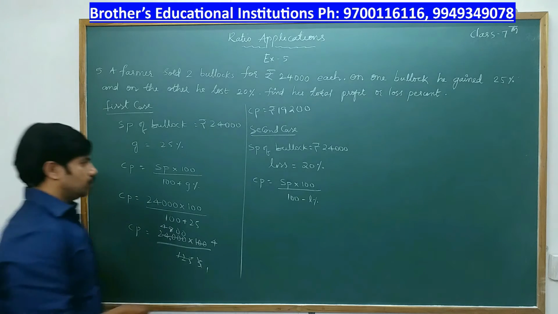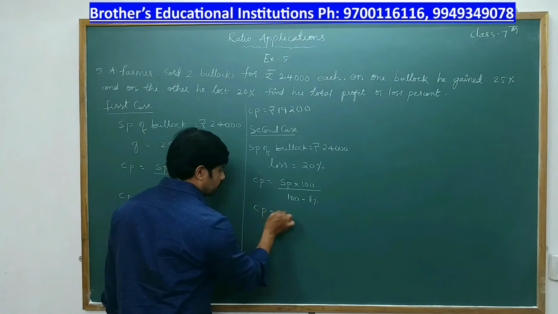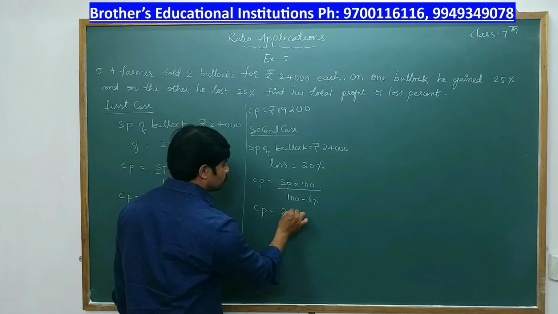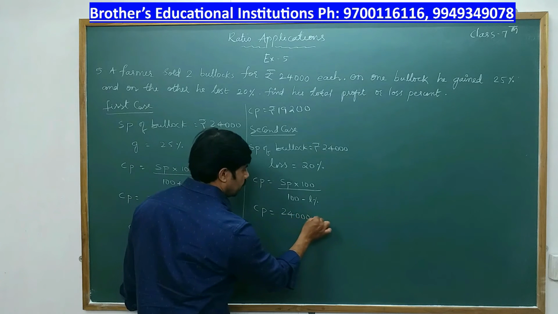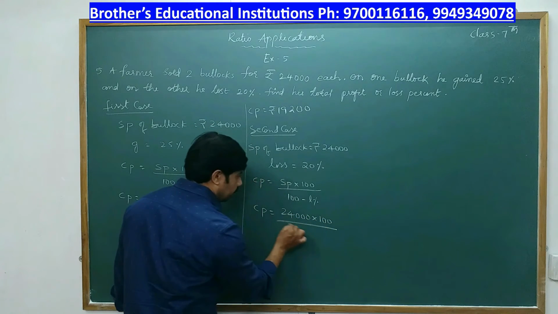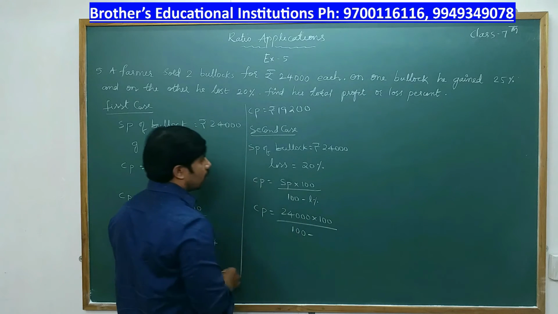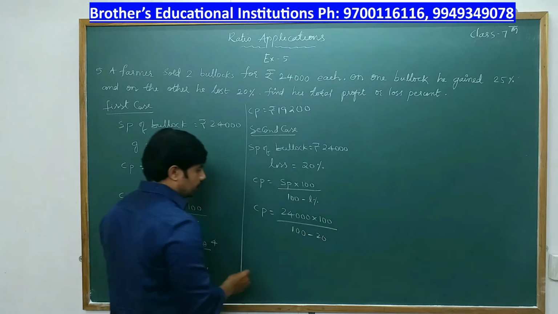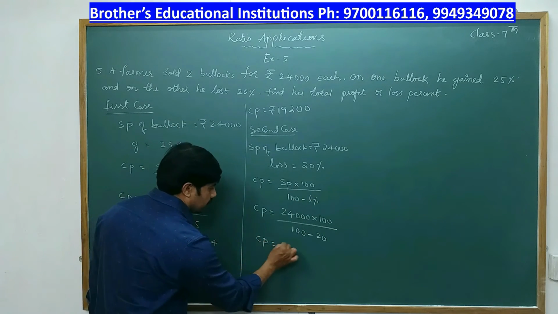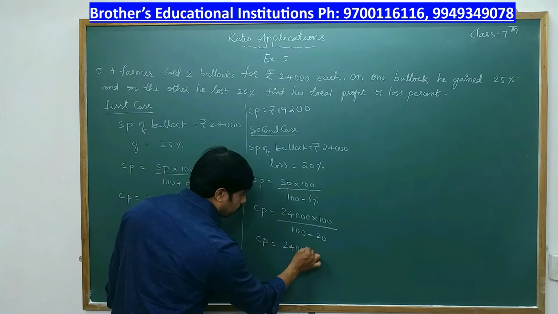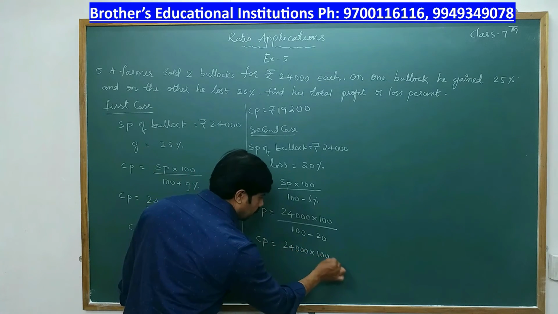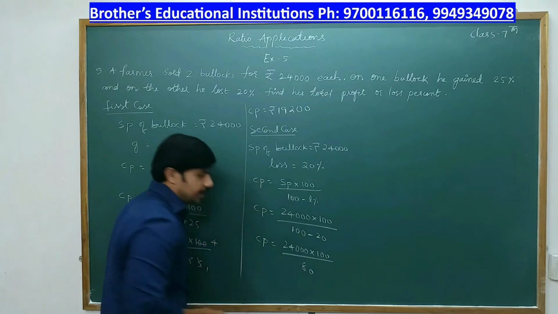Okay, so now we'll substitute. Cost price is equal to selling price, which is 24,000, into 100 divided by 100 minus the loss percent, which is 20%. So cost price is 24,000 into 100 by 80, right?